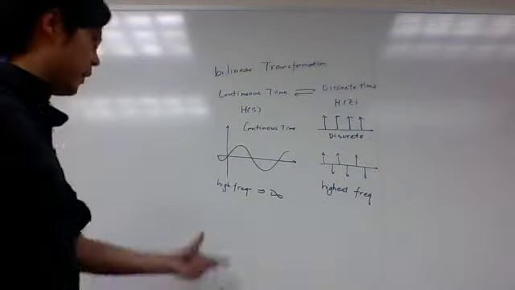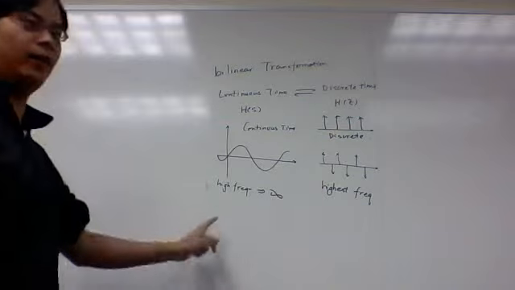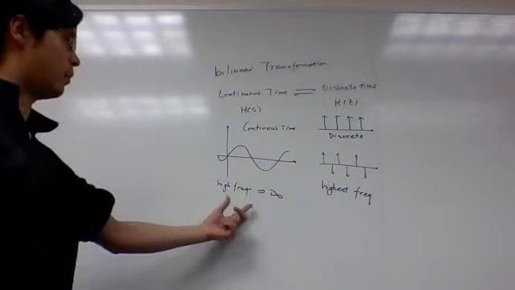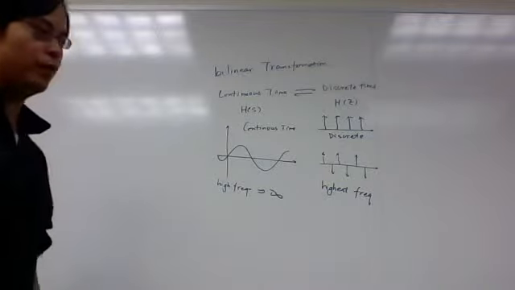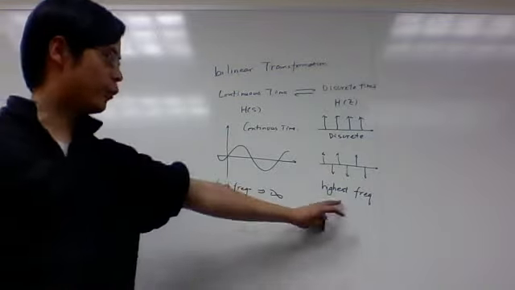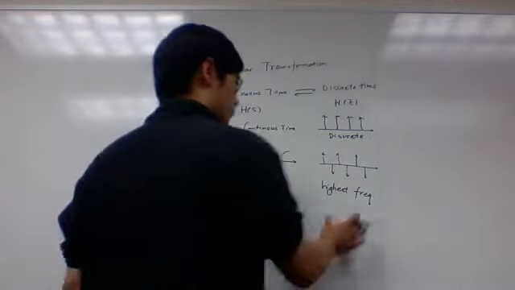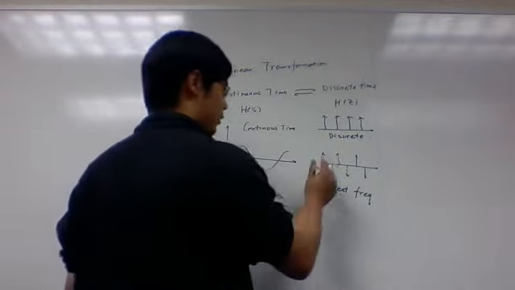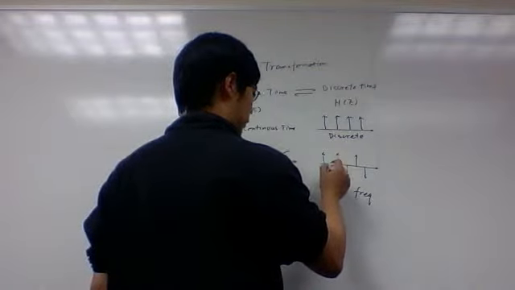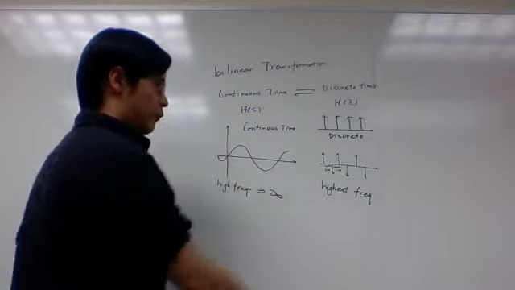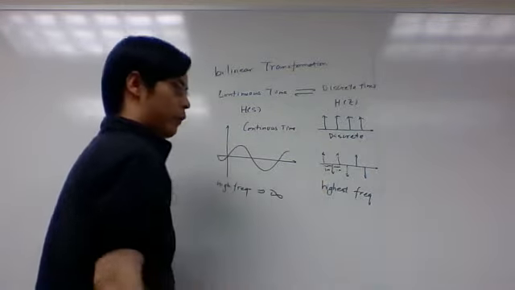You can describe using like 10 gig, 20 gig, etc. So there's no limitation on the highest frequency you can represent. But the highest frequency of the discrete time system depends on your sampling rate, right? So if your sampling rate is every 1 nanosecond, the highest frequency is half of your sampling rate.